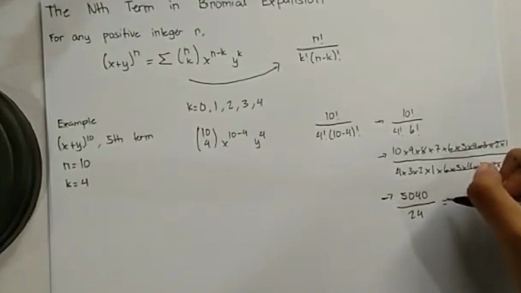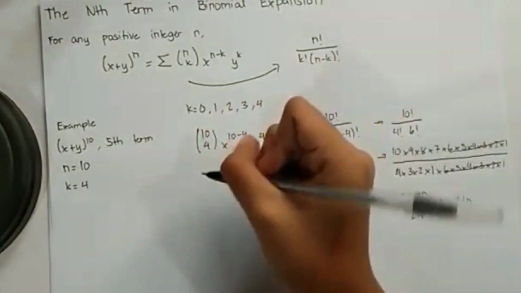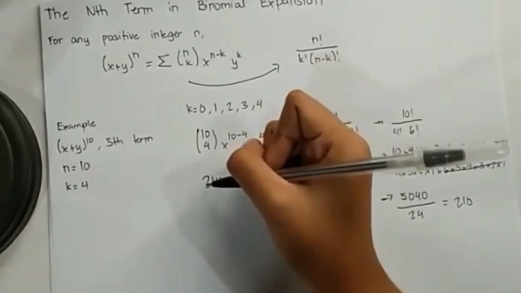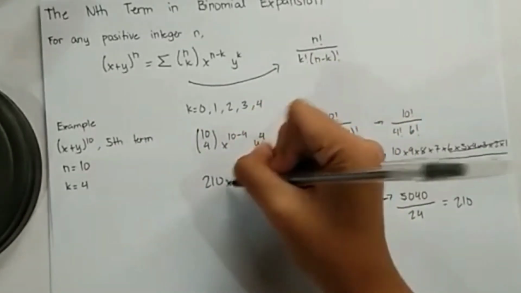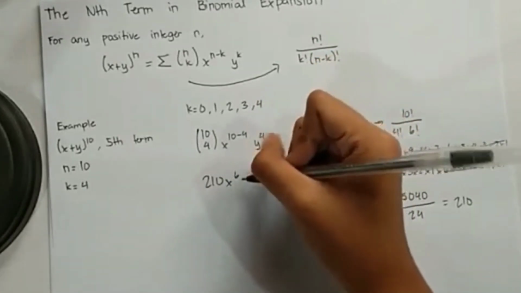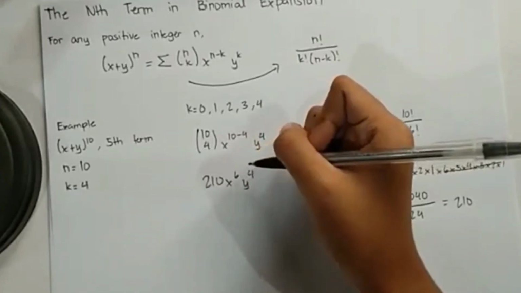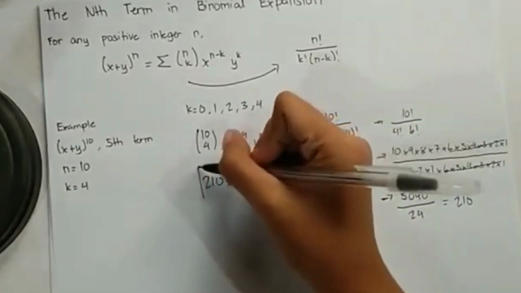So if we divide 5,040 by 24, that is equal to 210. So it means the number of combination of 10 taken 4 is 210. Then we have x raised to 10 minus 4, that is 6, times y raised to 4. So this is the fifth term of our binomial.